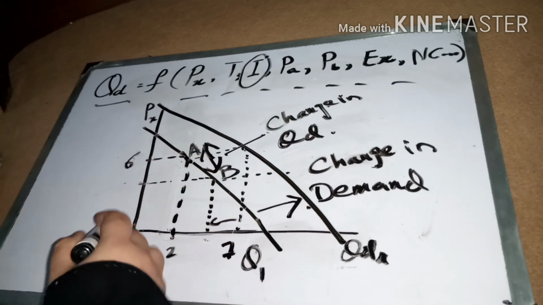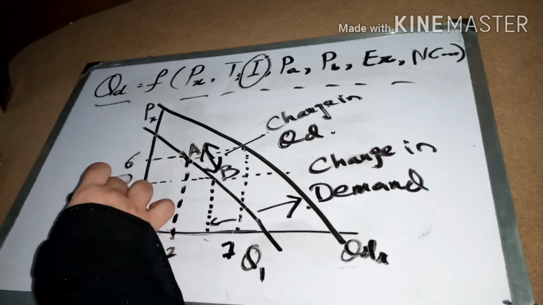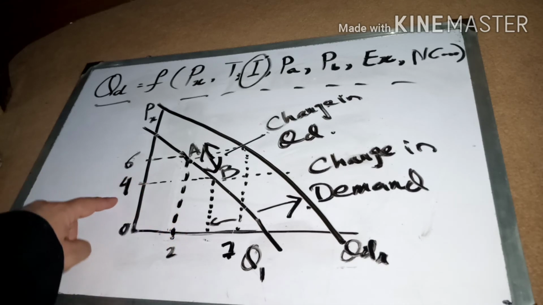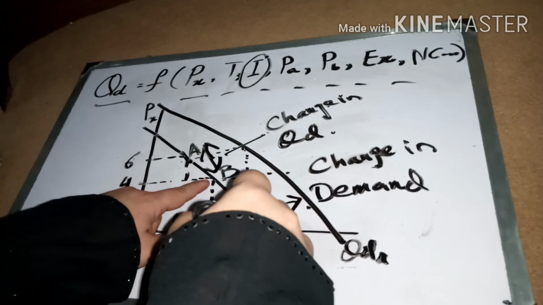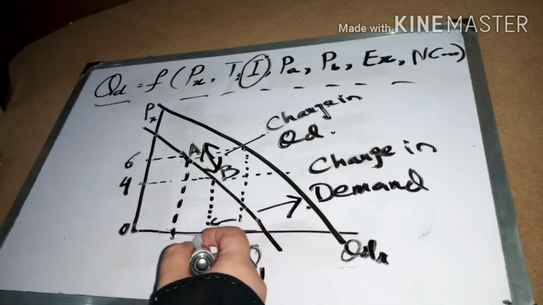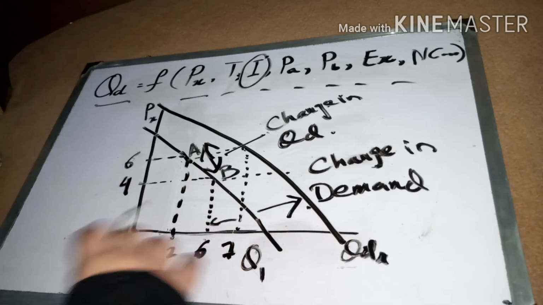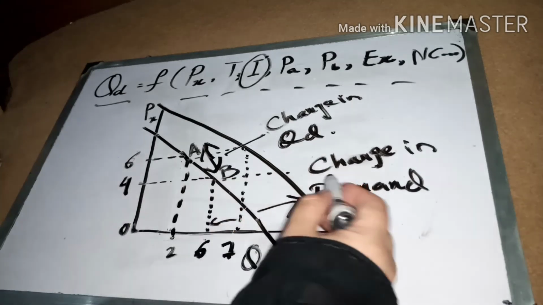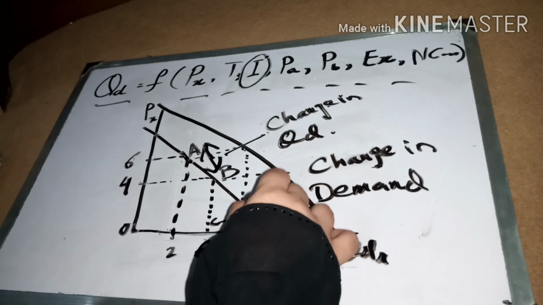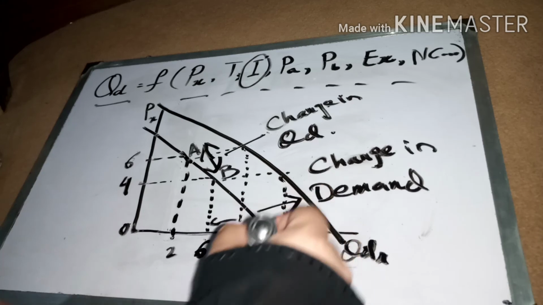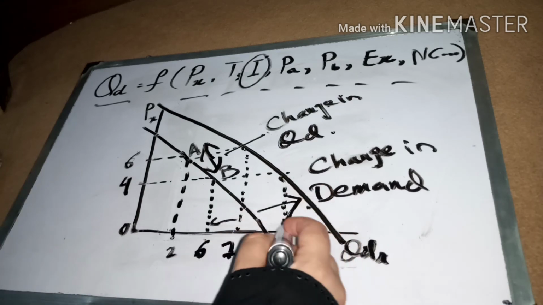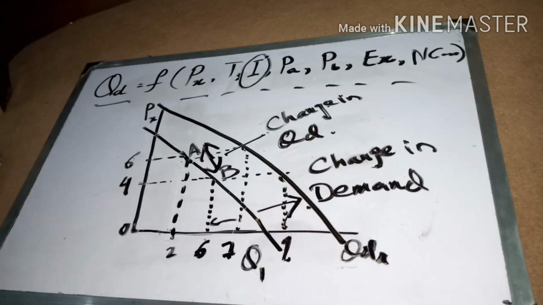Now, we can also say that if the price of the product was 4 units and the consumer was buying, let's suppose, 6 units, now at the same price level of 4 units he would be interested in buying 9 units.